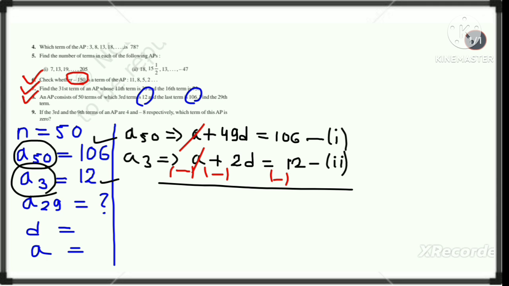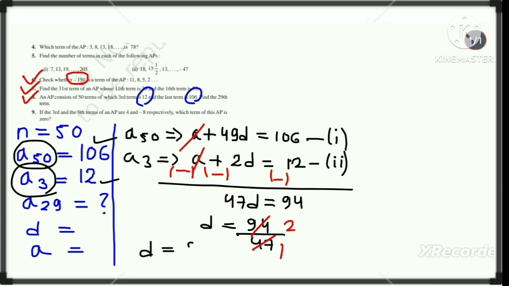After subtracting, we obtain 47d equal to 106 minus 12. After subtracting, we obtain 94. Now d equal to 94 by 47, and 47 can divide 94 two times. So in this way, we have obtained d equal to 2.